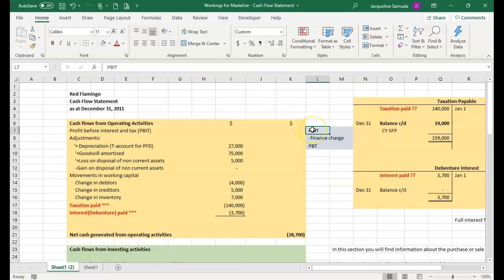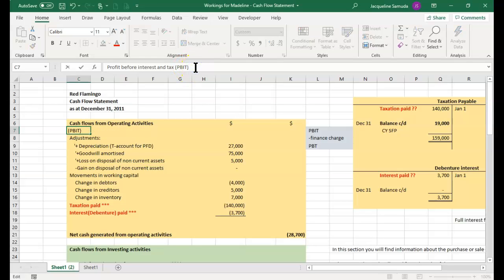Now I put this little part here to show you how when we were doing the statement of profit or loss, we had the profit before interest and tax. Then we subtracted the finance charge, which is where you put the interest. And when we did that subtraction, it gave us the profit before tax. Now in the question, the profit before tax was $325,000.